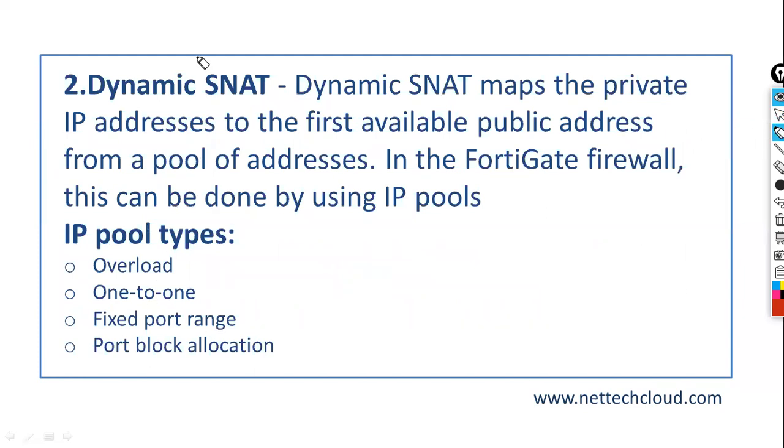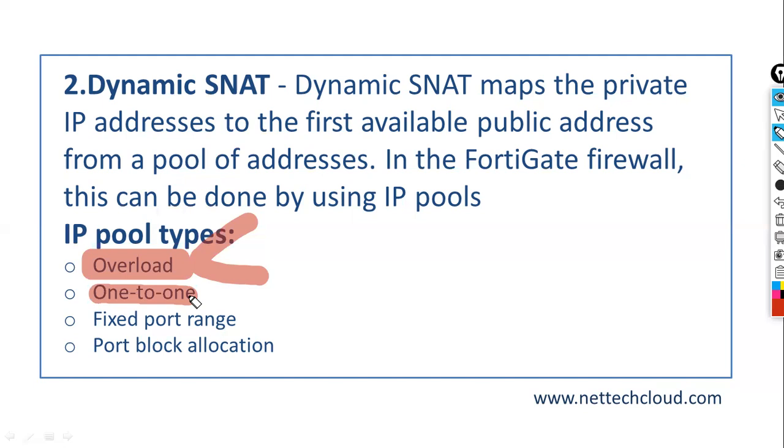That's what the overload option is basically. Overload is many to many translation, and can even be many to one translation, but other than the firewall interface IP, of course. Overload is very similar to PAT plus dynamic NAT in Cisco, many to many translation.